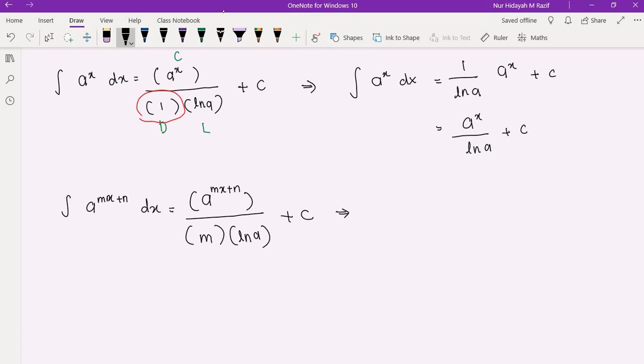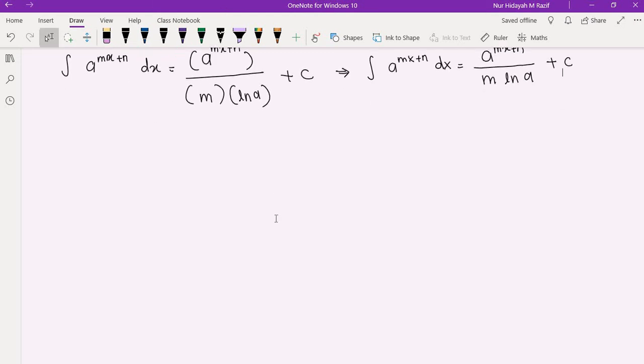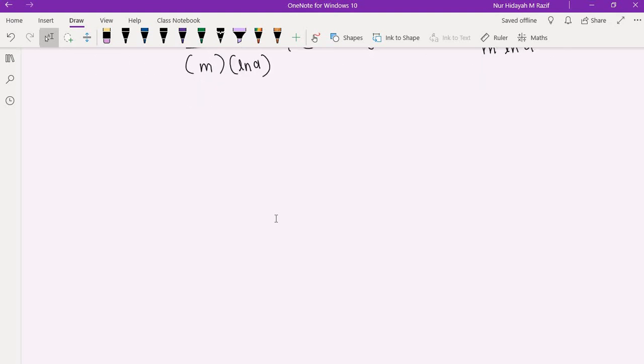So the integral of a power of mx plus n dx equals a power of mx plus n divided by m times ln a, and then we add c at the back.